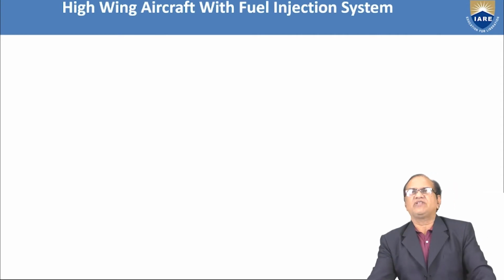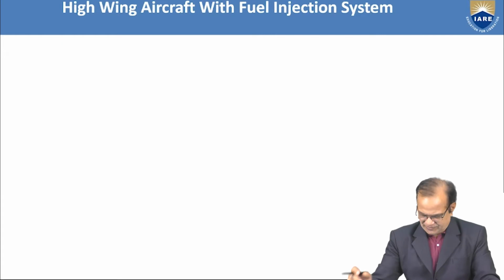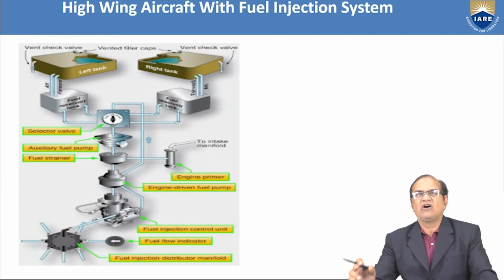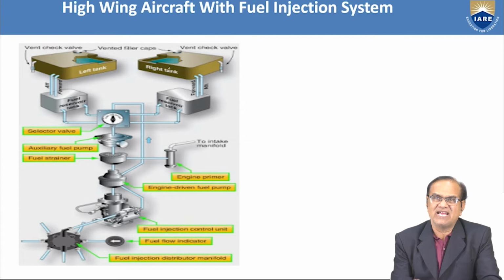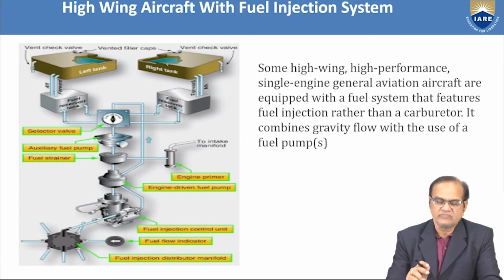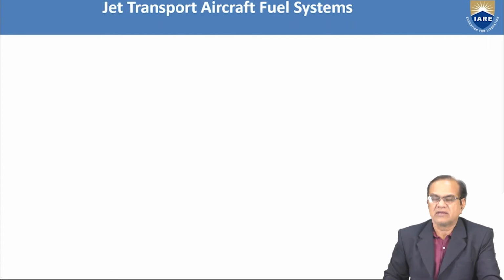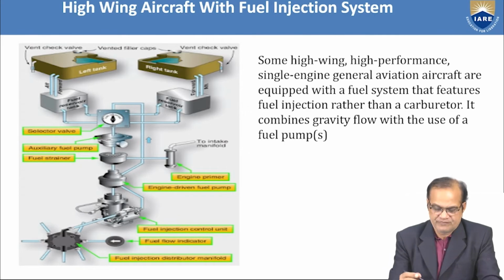Now, high wing aircraft with fuel injection system. So how are things happening in the high wing with fuel injection system? You can see here that these are the tanks, left tank and right tank, and they are above the carburetor or the injection.